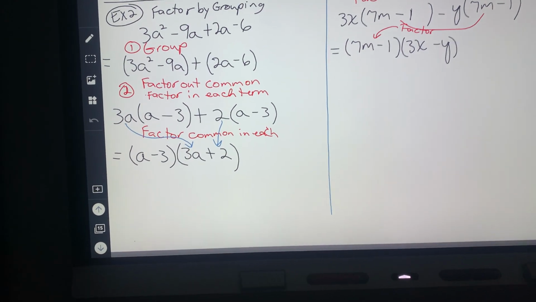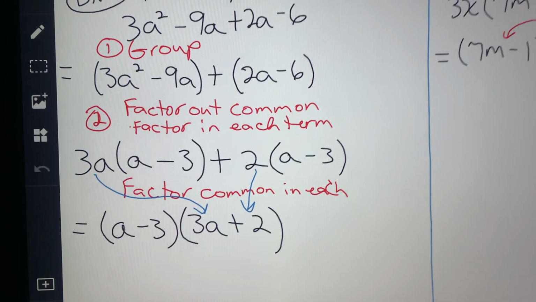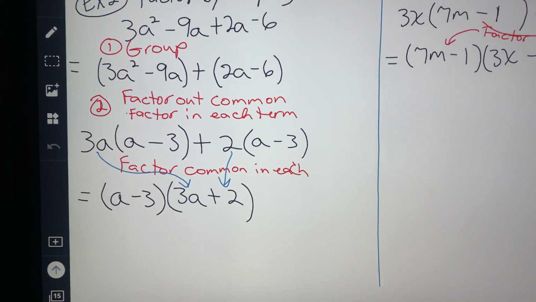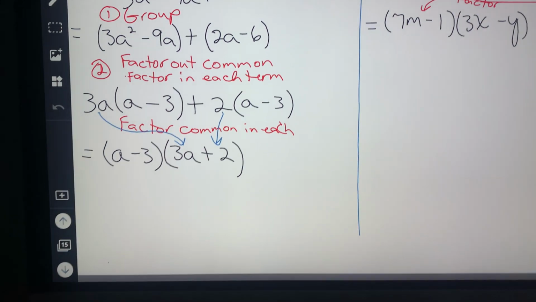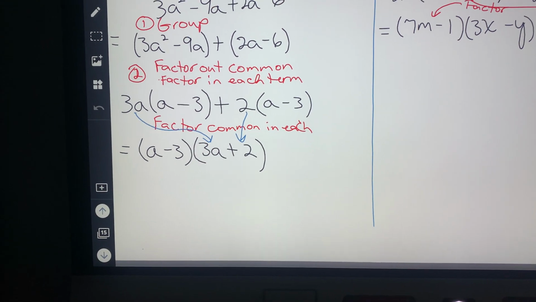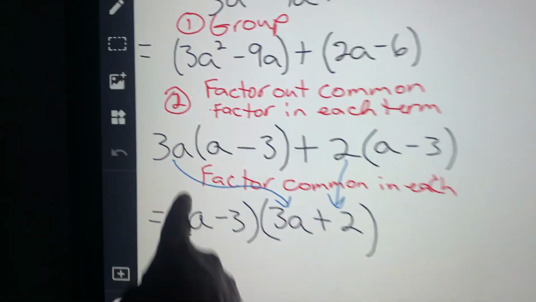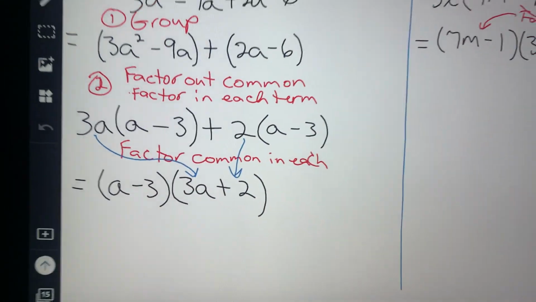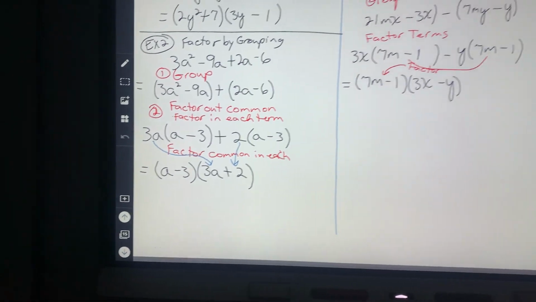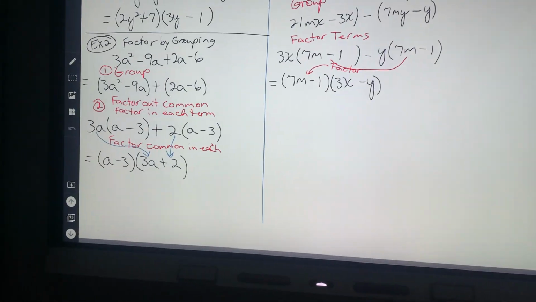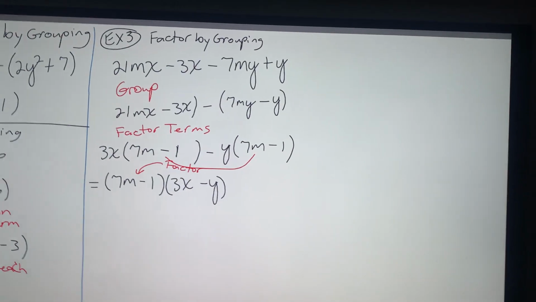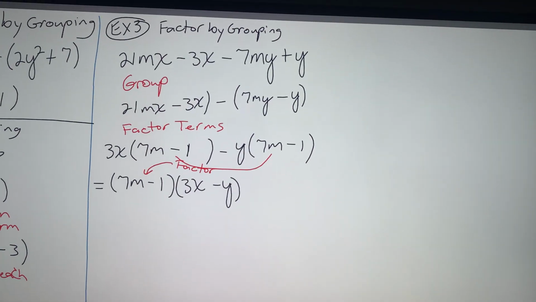So now we're at a point where we have the common factor of a minus 3 that we can factor out, and whatever was on the outside of the parentheses will come as the inside of the second set of parentheses that is being multiplied by. And this example uses the same technique.